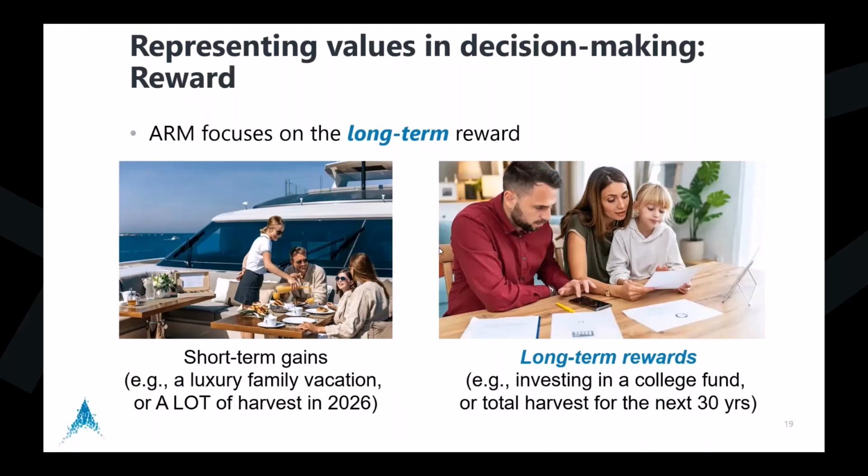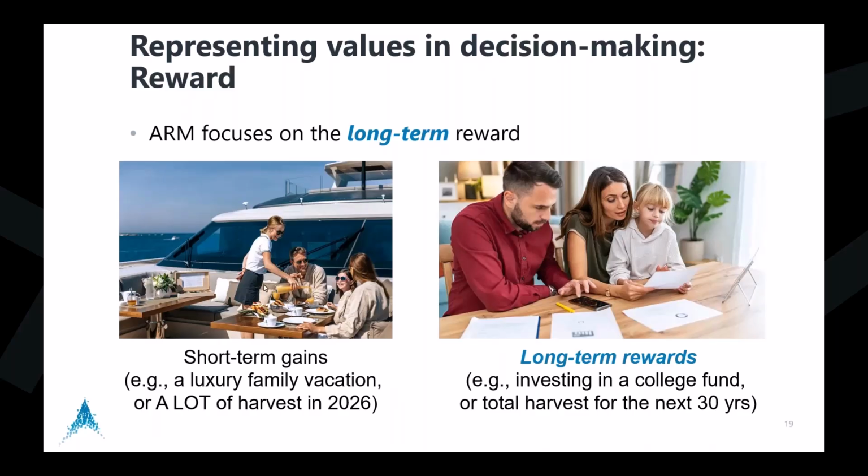A picture example of what this could look like is if you have a family and a certain budget, and you want to blow it all this summer on a really extravagant vacation. You could totally do that, and it would probably be really fun, but maybe you don't have a lot of money for the next vacation, and your long-term plans and happiness might be impacted.